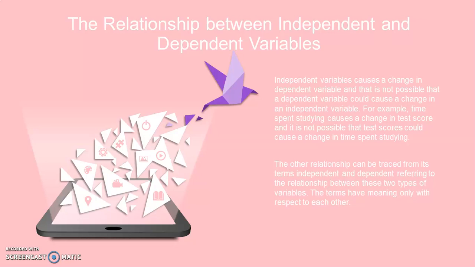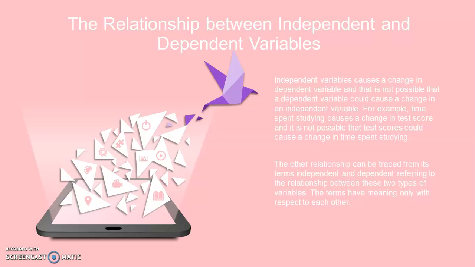For example, time spent studying causes a change in test score, and it is not possible that the test scores could cause a change in time spent studying. Therefore, time spent studying must be the independent variable and test score must be the dependent variable because the sentence doesn't make sense the other way around.